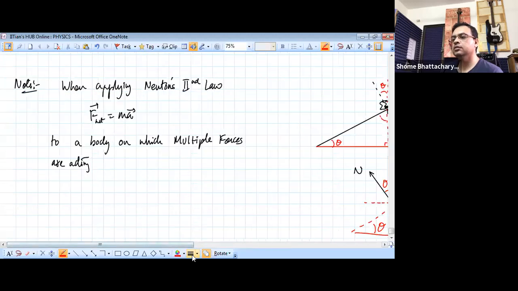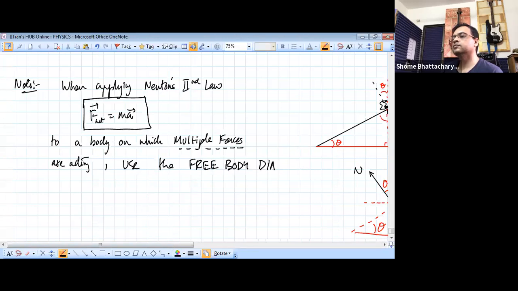Okay, now coming back here. Whenever we are applying Newton's second law, this is the equation of Newton's second law, to a body on which multiple forces are acting, we use the free body diagram method, for the vector addition of forces on the left hand side.